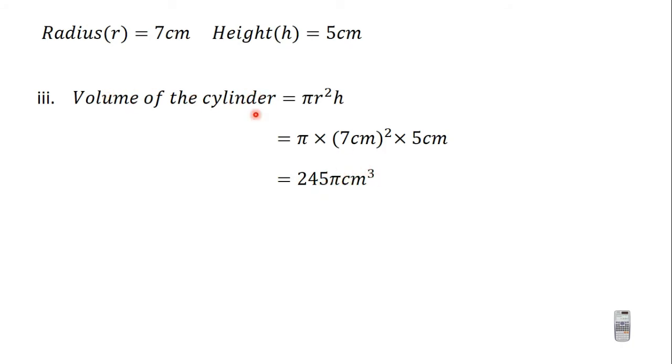Since this is the volume, the unit will be centimeters cube, meaning that you have centimeters squared here times centimeters, which will give us centimeters cube. So pi times 7 centimeters squared times 5 centimeters will give us 245 pi centimeters cube. We are leaving our answer in terms of pi. So the volume of the cylinder in terms of pi is 245 pi centimeters cube.